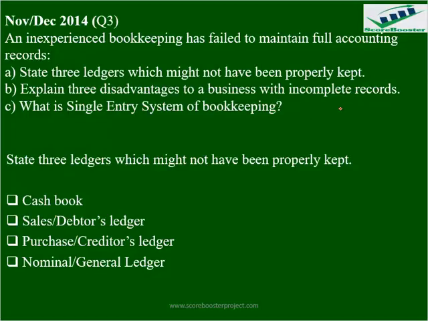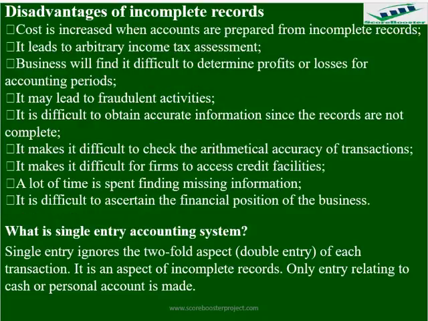Of course, if you take single entry, we call it incomplete records. Then what is the single entry system of bookkeeping? So the ledgers are here. You can see the cash ledger, sales ledger, purchase ledger, nominal ledger. Then you can also look at the disadvantages of incomplete records and the meaning of a single entry accounting system.